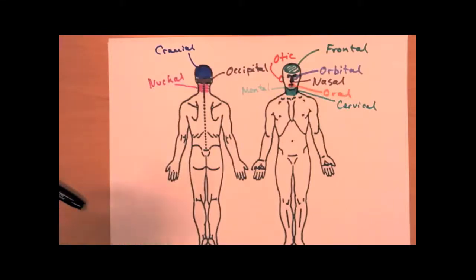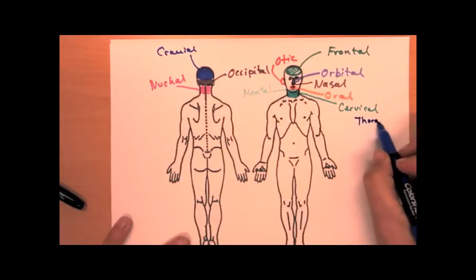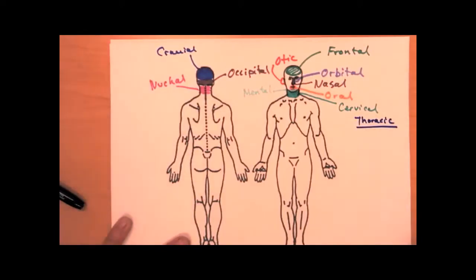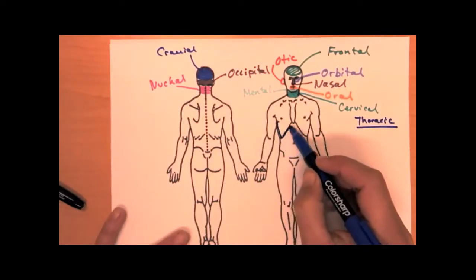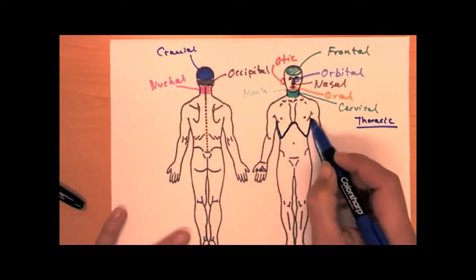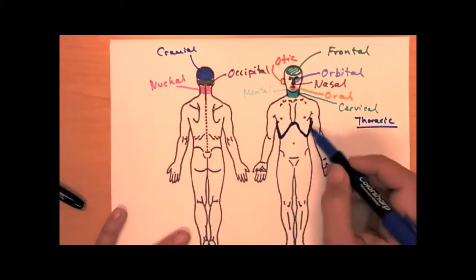Next terms are in the thoracic region. The thoracic region is essentially your chest. And it is a major region, which includes pretty much your chest superior to your diaphragm. Right? So this little line right here is your diaphragm. Right?